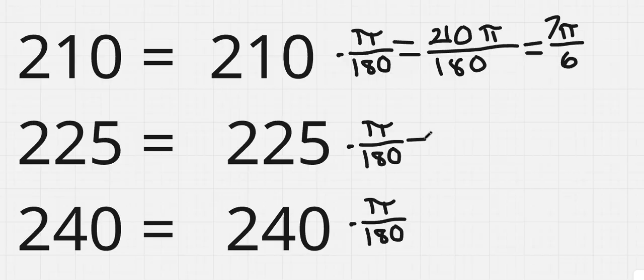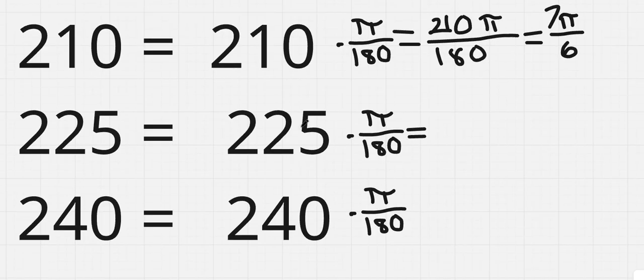Our next measure of degree is 225 degrees. And 225 degrees as a radian is 225 pi over 180, which can be reduced because both the numerator and denominator have a factor of 45, which is our greatest common factor. 45 goes into 225 how many times?